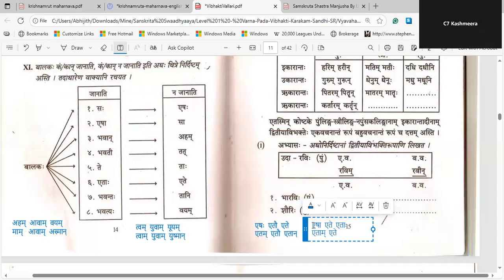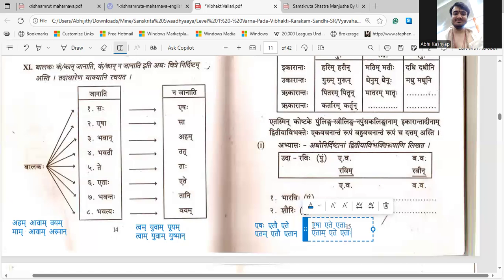Etaha. So the rule is pretty simple. For Pullinga, the Ekavachana and Bahuvachana forms will change, the Dvivachana form will not change. For Strilinga, the Ekavachana form will change, Dvivachana and Bahuvachana forms will not change. I'm talking only about Prathama Vibhakti and Dvitiya Vibhakti.